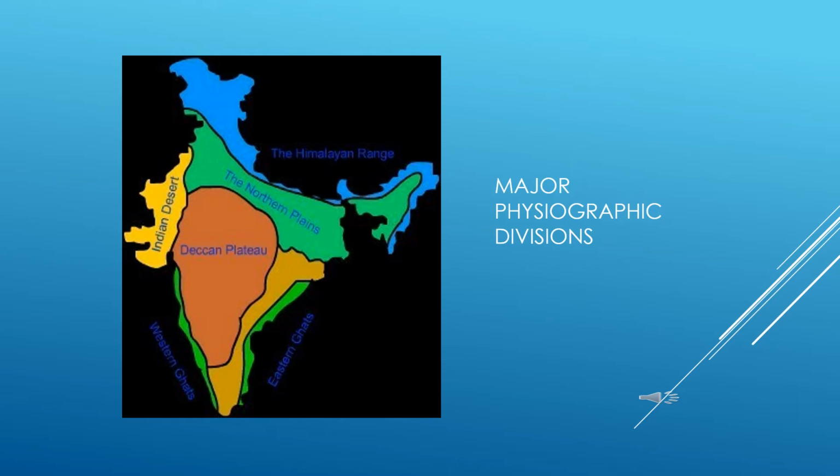And in the south of this plain you can find the peninsular plateau, in which you will read about two important plateaus, Central Highland and Deccan Plateau. Then you will see in the west the Indian desert, which is the very important Thar desert. Then comes the coastal plain region, and at last we will talk about the islands. The two important islands are the Andaman and Nicobar Islands and the Lakshadweep.